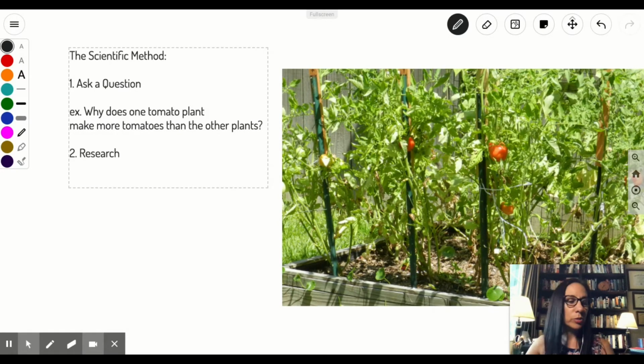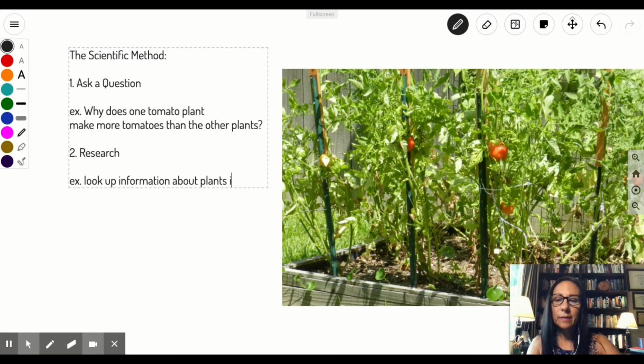So I'm going to do some research, and I'm going to look up, for my example, information about plants in general and tomato plants. Okay, and I'm going to look up, what do plants need?